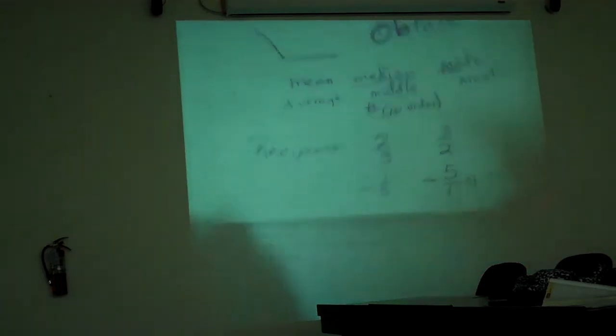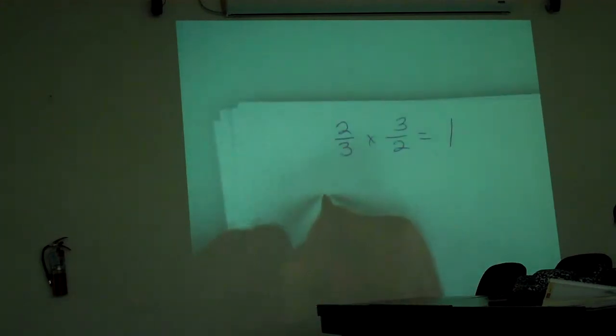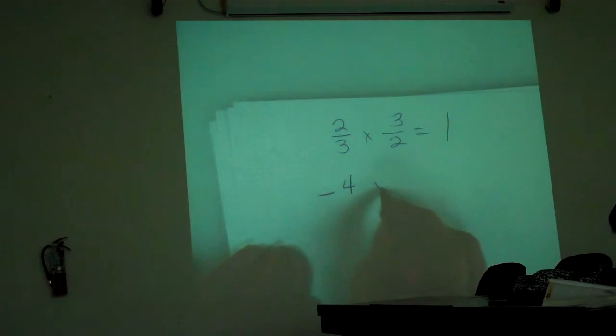If you multiply a number times its reciprocal, let's see, if we had 2/3 times the reciprocal, what do you get? 1. 6 over 6 is 1. See, if we have a number like -4, what is its reciprocal?